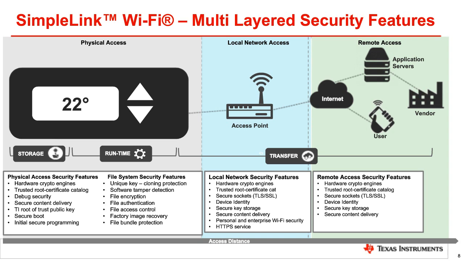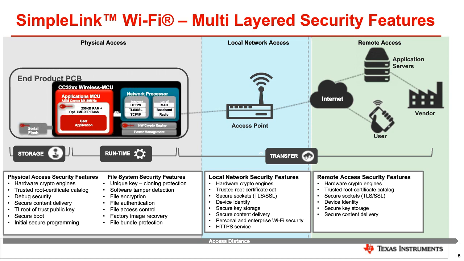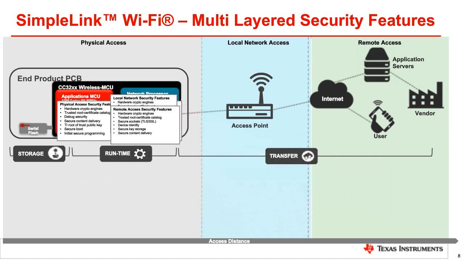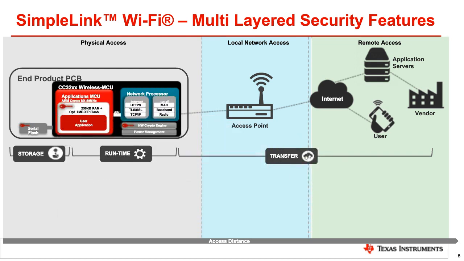But just imagine that you had designed your end product with the SimpleLink Wi-Fi TC3220 within it. You will have all of these features integrated within our device and therefore within your product.